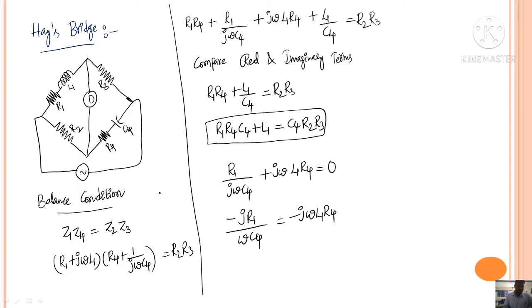Now cancelling minus j and minus j, you will get R1 by omega C4 is equal to omega L1 into R4.